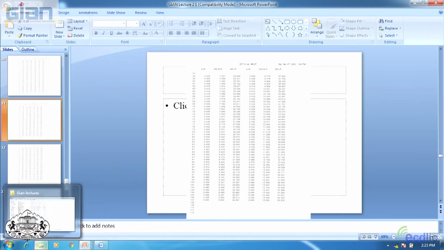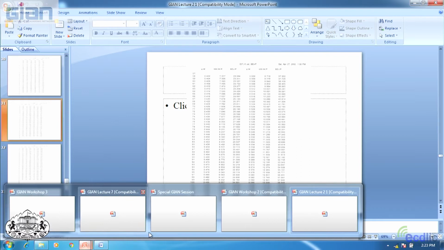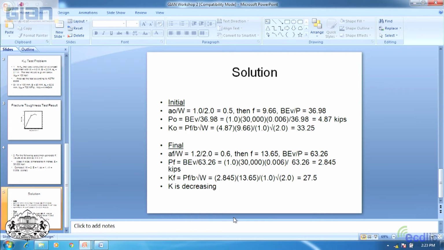Then let's go back to where we were. So then you can calculate K from the displacement, but it takes 2 steps. You have to back out a load. We didn't know the load, we just knew the slope, but no load. So having known the slope, you can back out the load. So rearrange that to make it BEV over that value, 36.98.